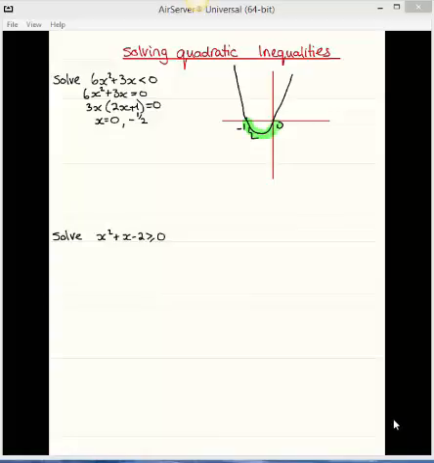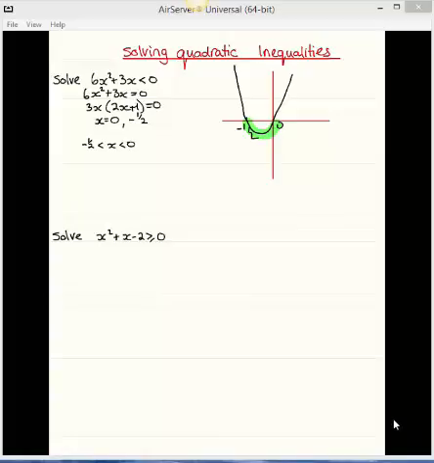So what does that tell us about our x values? Well, we know that it's underneath the line y equals 0, or underneath the x-axis, when x is greater than negative a half or less than 0. And that's it.